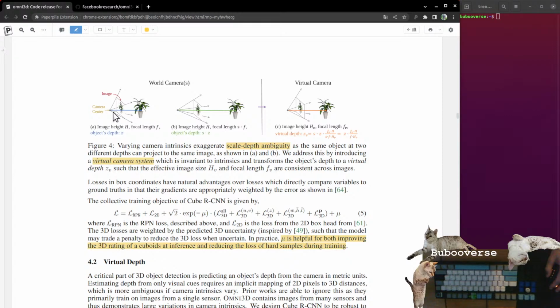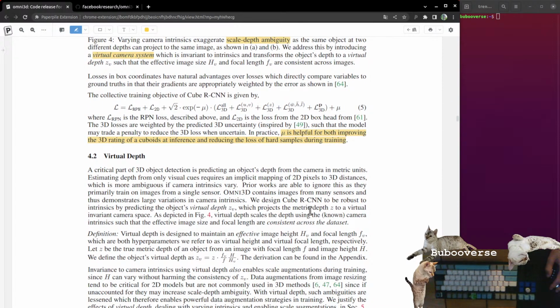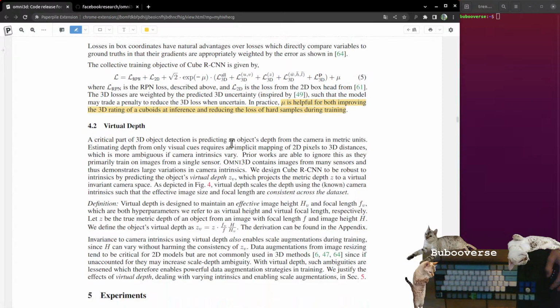Yeah, so here they show you how if you're in kind of a world camera frame, depending on the focal length, you're going to have a different depth. And they do some camera geometry to basically make it more consistent. Virtual depth. I guess that's what they explain here.